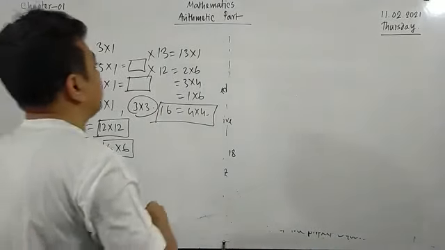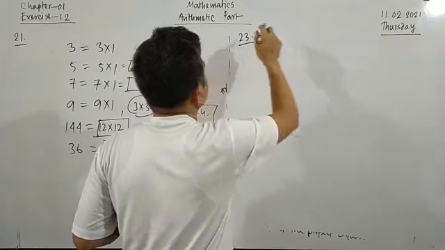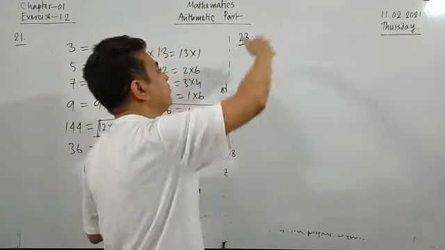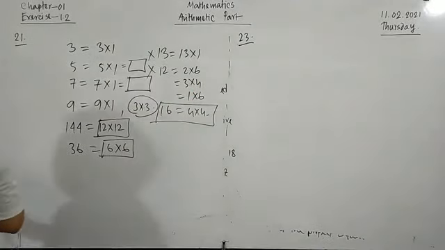Number 23, how I will ask the MCQ question based on the two numbers. The first number is 384.